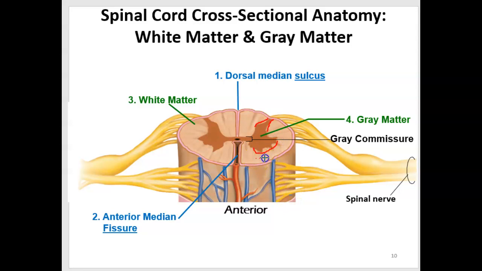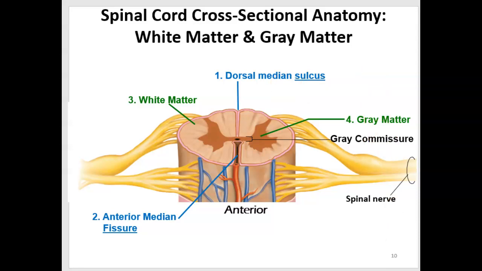Anteriorly, there's white matter located all the way to the edge. So that gives you another clue. You can also look at the nerve roots that emanate from the spinal cord, because there's always a bulge in one of the nerve roots. We'll talk about that a little bit later, but that's always on the posterior side.